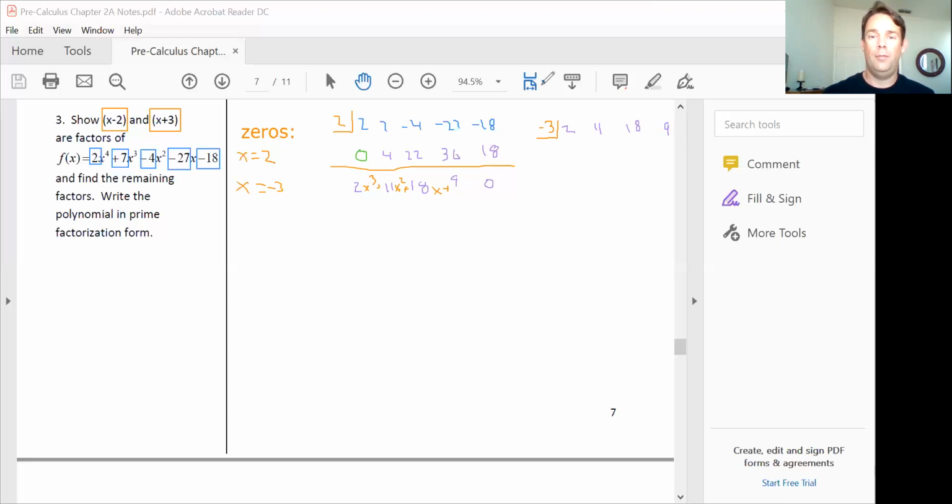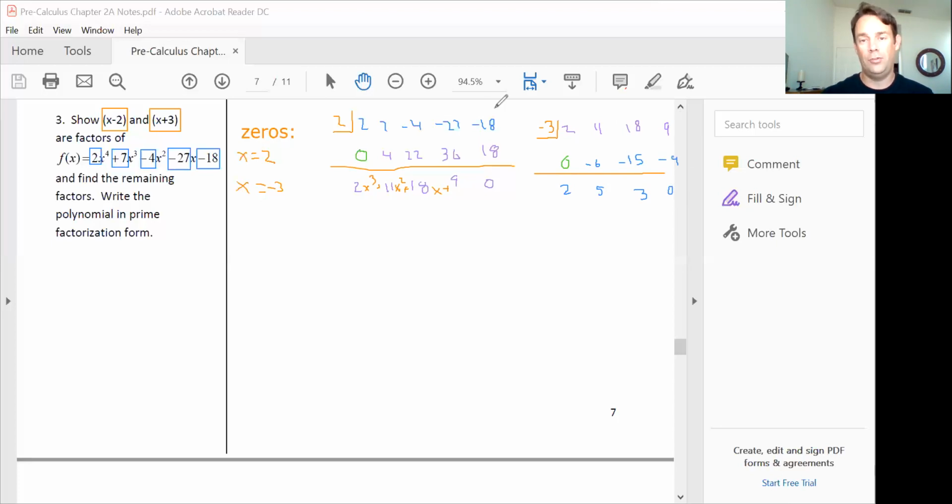All righty, placeholder, add going down, 2, multiply by the box going up, negative 6, 5, negative 15, 3, negative 9, and we end up with 0.